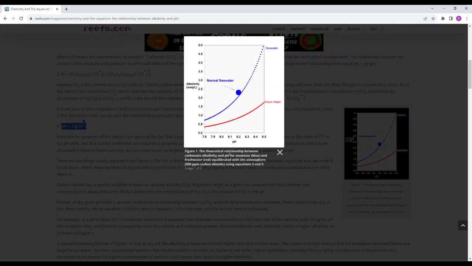Figure 1 shows the theoretical relationship between carbonate alkalinity and pH for seawater, blue, and fresh water, red, equilibrated with atmospheric CO2 at 350 ppm, using equations 2 and 3.